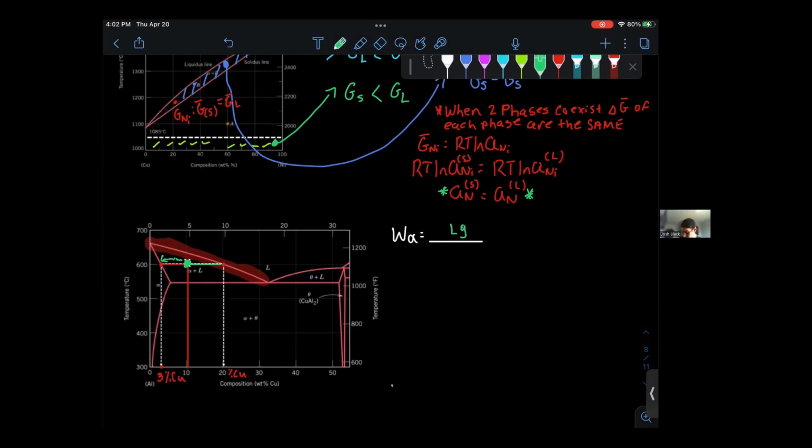We're going to take the length of the green line, which is the liquid composition, minus our dot composition. And we're going to divide it by the total length of the line, which is our liquid composition plus our solid.